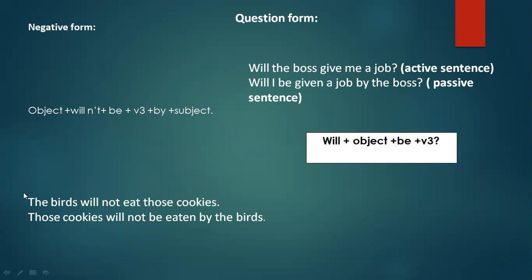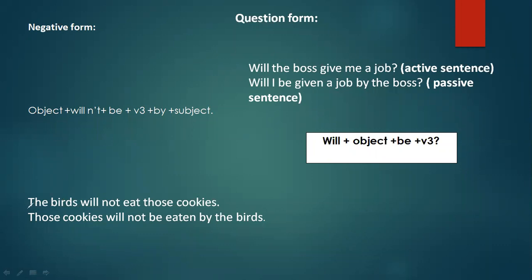Let's look at the example. Here we have the active voice and here we have the passive voice. In the active voice: the birds will not eat those cookies. Whenever I want to change from active to passive, I divide the sentence into subject, verb and object.